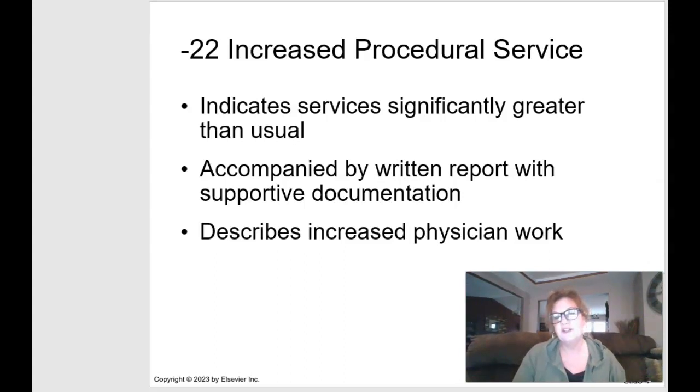This indicates services are significantly greater than usual. If you use a 22 modifier, you have to also send in a written report with supportive documentation, and it describes the increased physician work. So what do we use this for a lot of times?